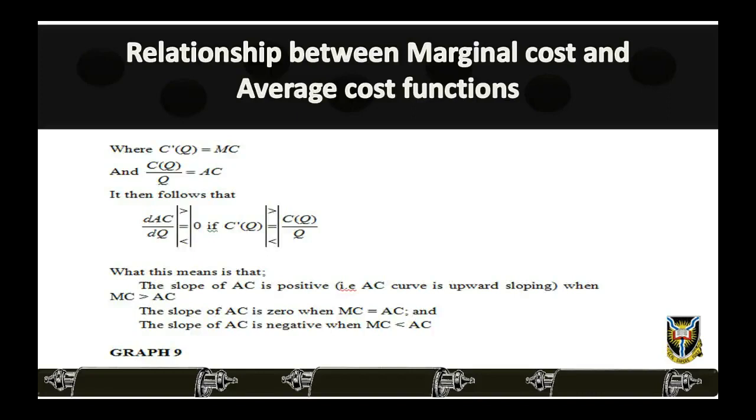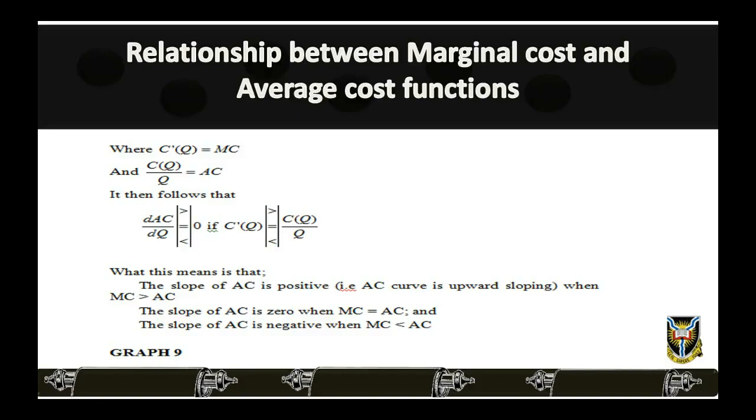It then follows that dAC/dQ is greater than, equal to, or less than 0 if C'(Q) is greater than, equal to, or less than C(Q) divided by Q.